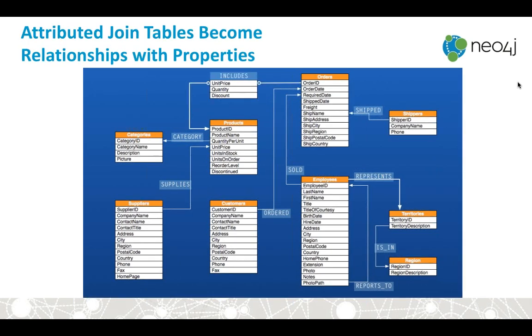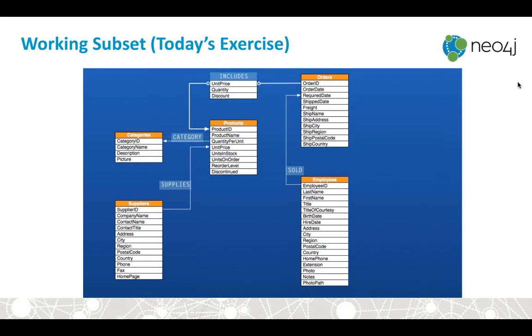The order details becomes the details relationship, and we can say that a particular order includes, and that's the relationship name, a list of products. Those products are different nodes that the orders will point to, and they have different properties on that relationship, such as the unit price, the quantity, and the discount.